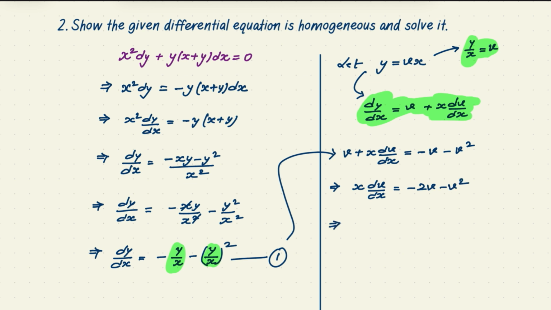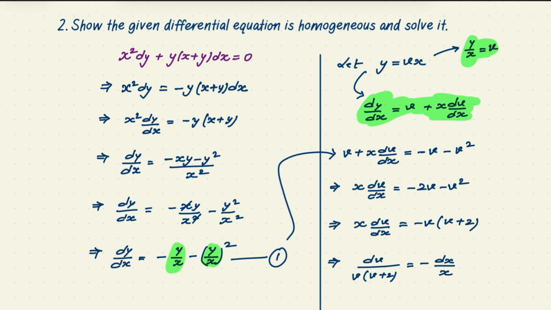This implies x into dv over dx equals, taking out minus v common, v plus 2 inside. Let us now separate the variables, then we can write this as dv over v into v plus 2 equals minus dx over x.